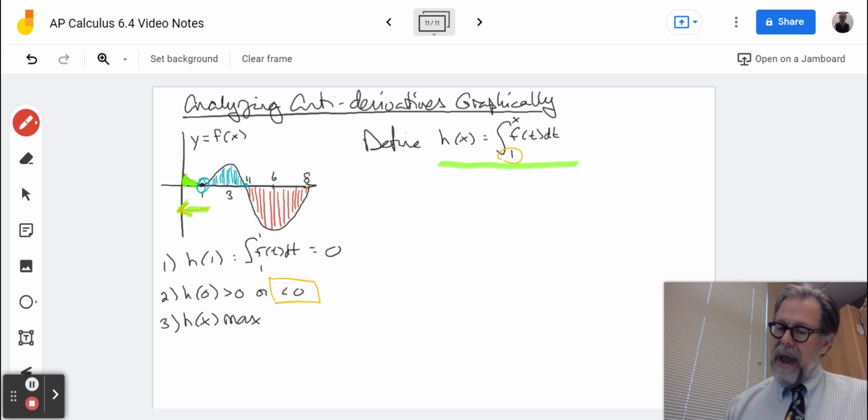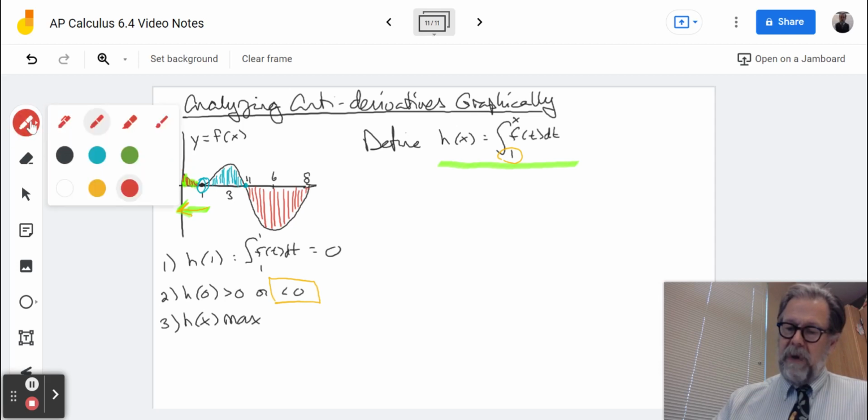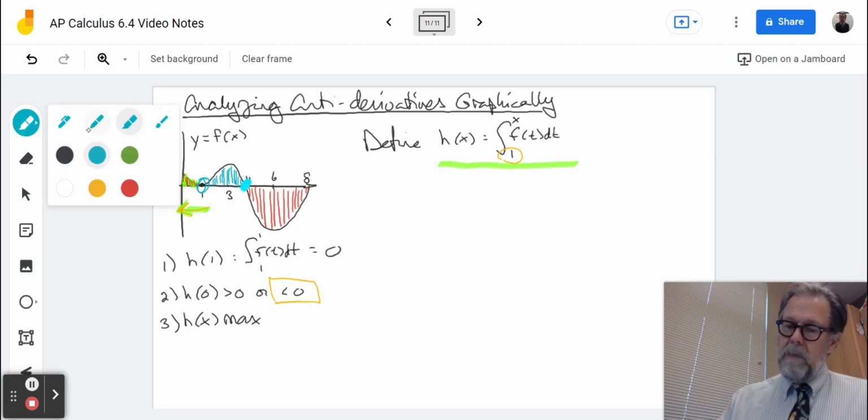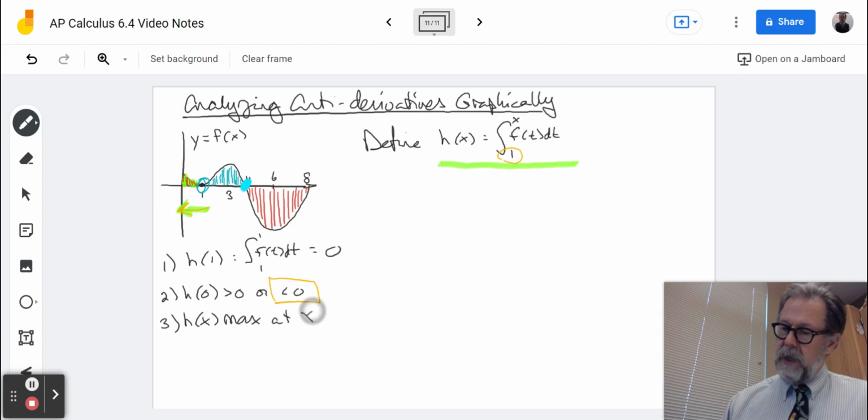So my maximum value of h, and I also remember that it is negative as I move to the left, must be right there. My maximum value of h is at x equals 4.